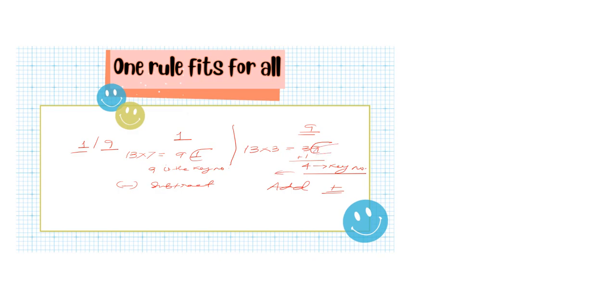That will be the key number. Here, get 1, hide it, 9 is the key number. Here we have to subtract, here we have to add. In case it is 9, we have to add; in case it is 1, we have to subtract. So let's see where to subtract, where to add, where to take 1, where to take 9.